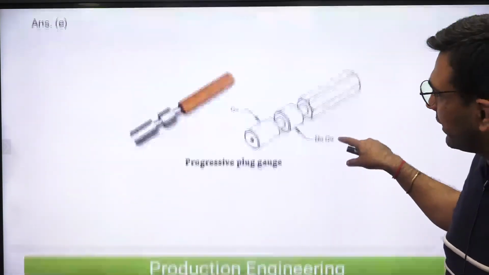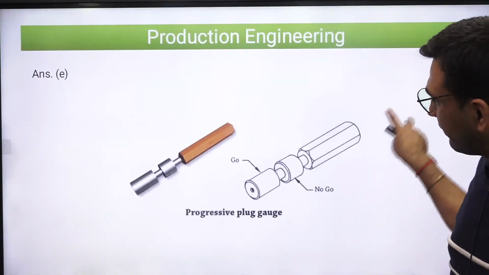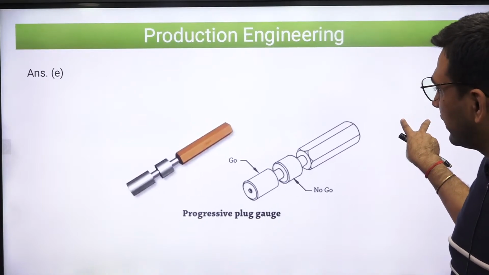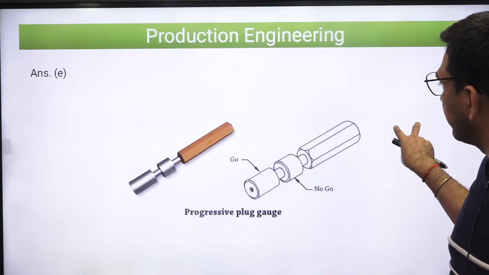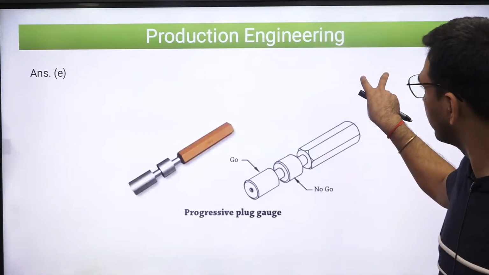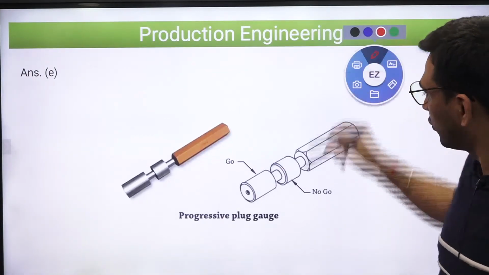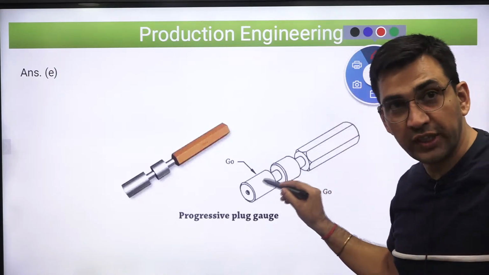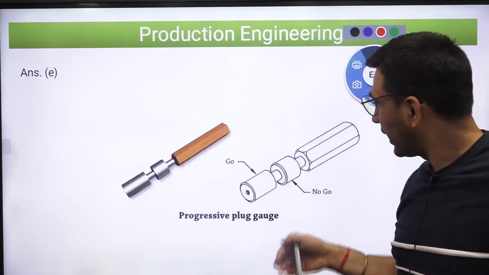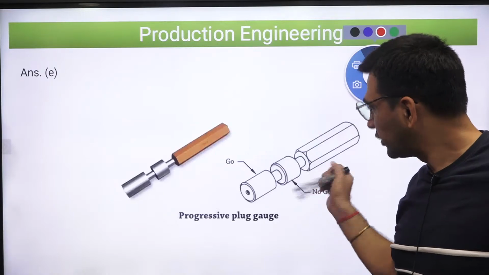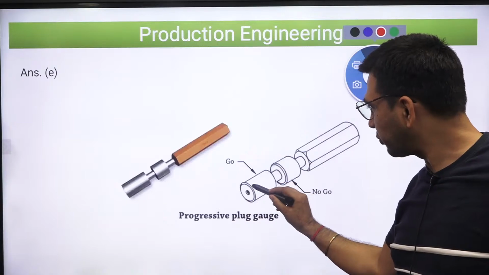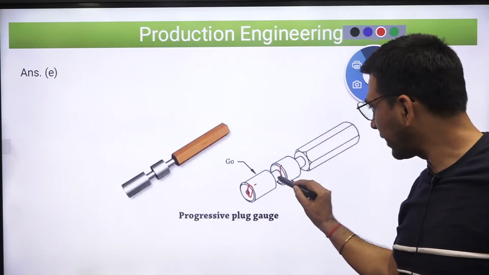So now see, for example, if I have used both gauges at the same end, for example a plug gauge is shown, which is used to check the lower and upper size, maximum and minimum size. So for example here, if I want to check whether the hole is within those two dimensional limits or not, that is a minimum and maximum limit, I have those two gauges, one is the go gauge and the other is the no go gauge. So when I am using those two gauges at one end only, for example here this diameter is for the go gauge and this is a larger diameter, the no go gauge.